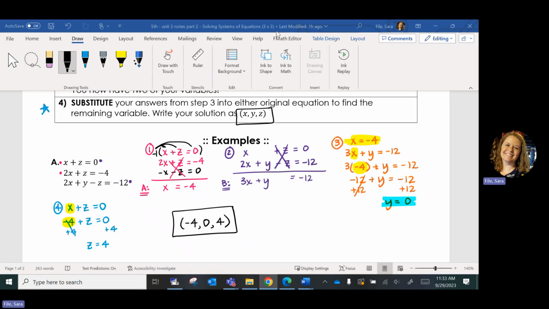Okay, I'm going to try and pull up a visual for you to explain, because I know some people are more visual. I have a good graphic here. I can show you what it would look like if you were to graph three planes.